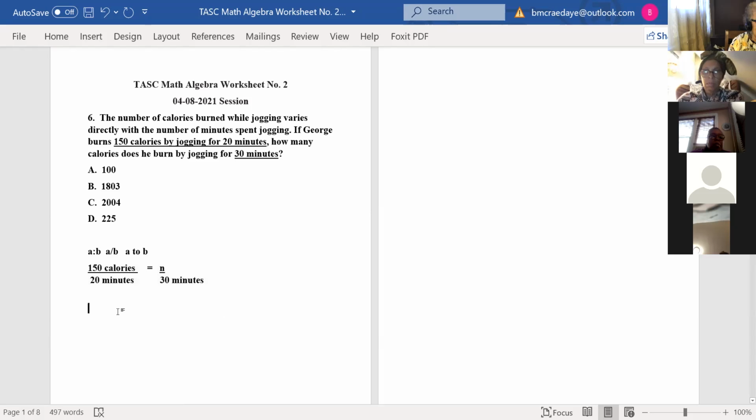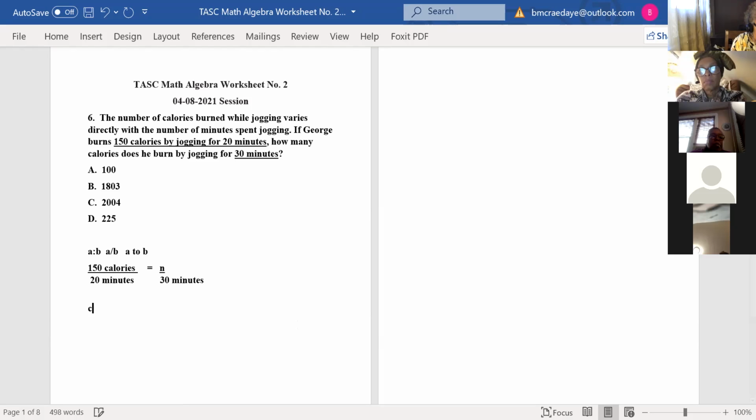What would be our next step? We want to solve for N. We're going to divide on both sides? No. Whenever you have a ratio, that's like a fraction equal to a fraction. Yes, 150 to 20 is the ratio, and the N to 30 is a ratio. Whenever you set it up as a proportion, you can cross multiply.